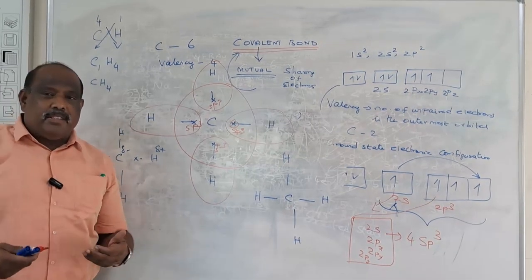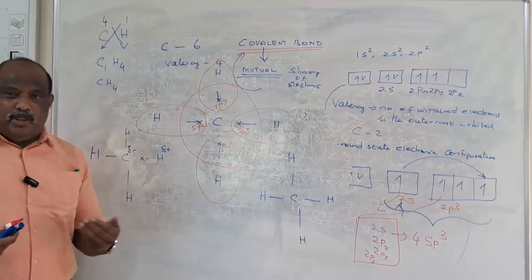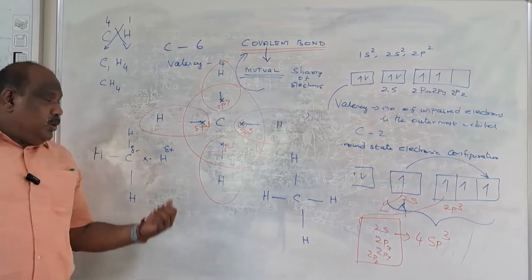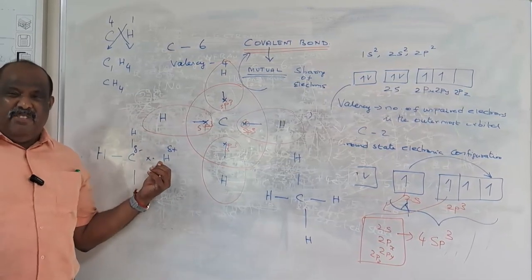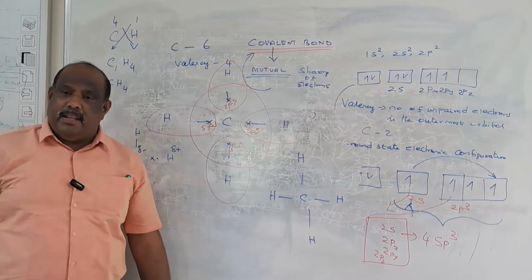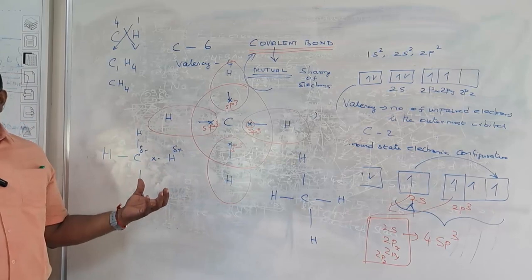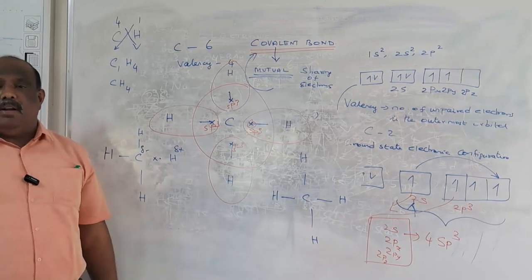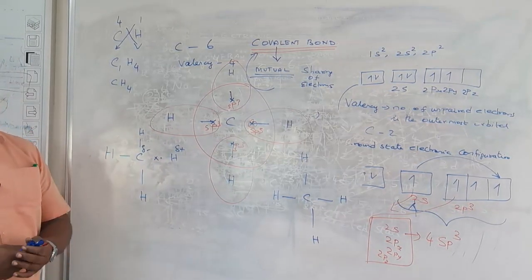It will always have some superior nature and will try to pull the electron towards it. So it becomes delta minus, not fully, very, very small. Delta means very small. Whereas the hydrogen will become delta plus. So this character is called ionic character in covalent bond.